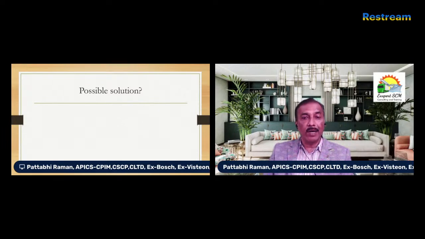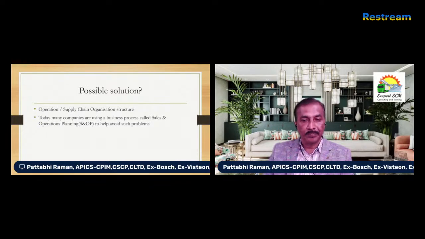So there is one possible solution. Possibly the first step is that traditional organizations have to move, if possible, to an operational structure. Operations should include all the functions, like purchasing, production, supply chain, and the miscellaneous functions, so that every subdomain in operations is properly aligned, and that structure has to come.